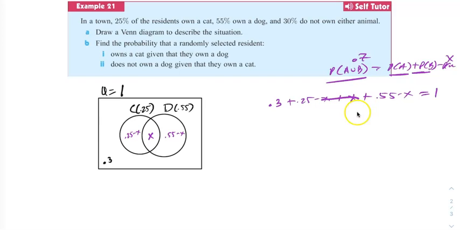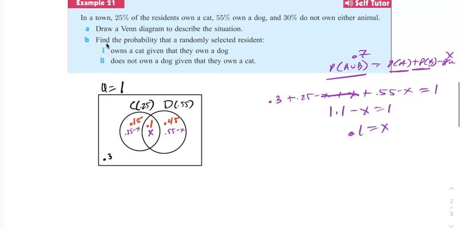I get 0.25 plus 0.55, it's 0.8. 0.8 plus 0.3 is 1.1 minus x equals 1. Do a little math. 0.1 equals x. So x equals 0.1. So now I know that this is 0.1, which makes this 0.55 minus 0.1, which is 0.45. And this would be 0.15. So like that. So now I can solve this Venn diagram.